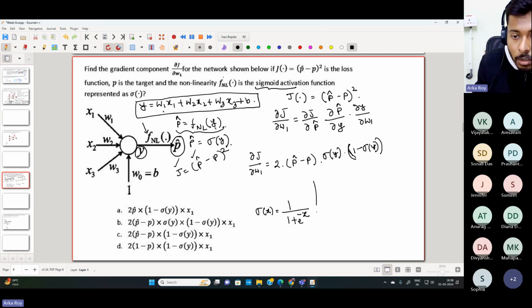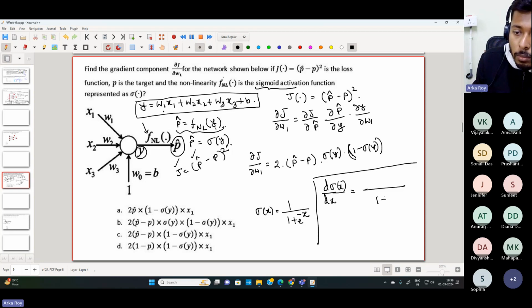So that is d by dx of sigma x. Okay, so it is 1 plus e to the power minus x whole square, and then 1. You guys do the derivative part and tell me what the final answer is.